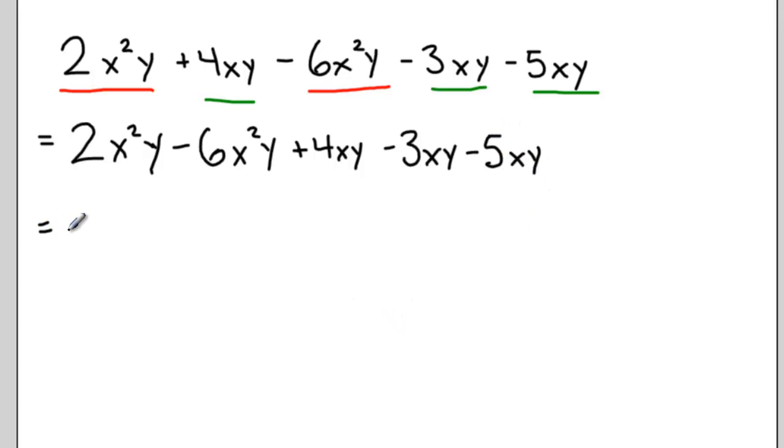And now I add my like terms together or subtract them from each other. 2 take away 6 would be negative 4 x squared y. 4, take away 3, take away 5 would be negative 4 xy.